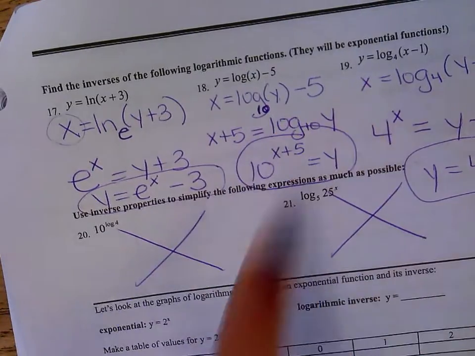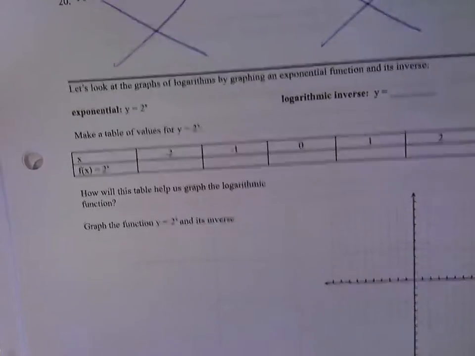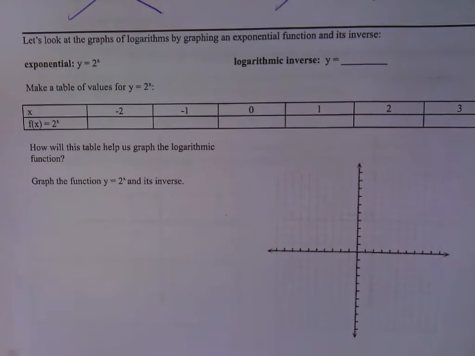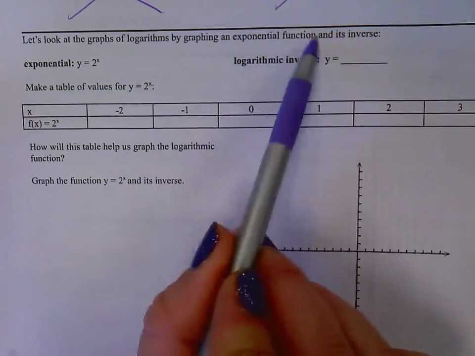So there's a lot of skills that we've got to work on with logs. The last one is graphing. I know that graphing is not your strong suit, but you did really well graphing exponential functions. If you can graph exponential functions, you're just flipping the points to graph the log. So it says, let's look at graphs of logs by using exponential inverses.